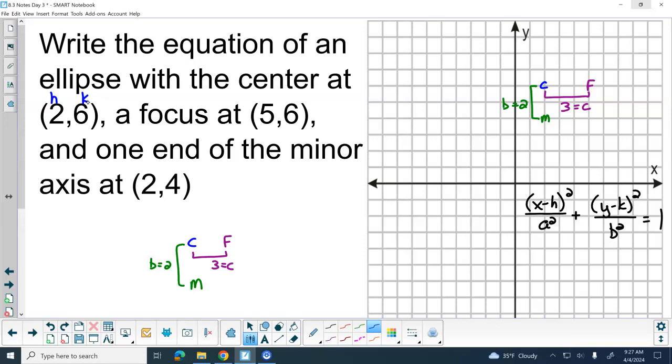What do we got? Wouldn't it be C squared equals the absolute value of A squared minus B squared? Yeah. Oh, okay, you filled it in, right? So C is 3, so then this is 9. A we don't know, B is 2, so then this is A squared minus 4. Like that?